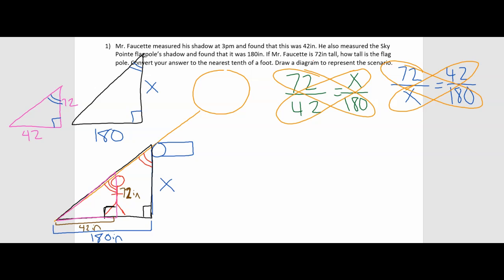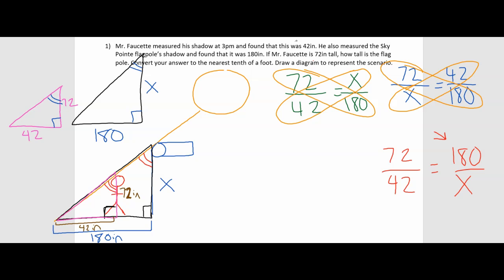Now, an incorrect way, right, would be if I did 72 over 42 equal to 180 over X. Now, think about why that would be incorrect. Well, you did 72 over 42, which means the numerator of this ratio needs to be the corresponding side to 72, right?